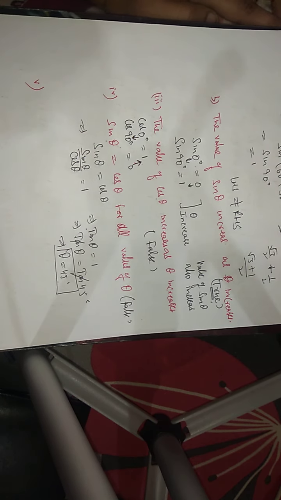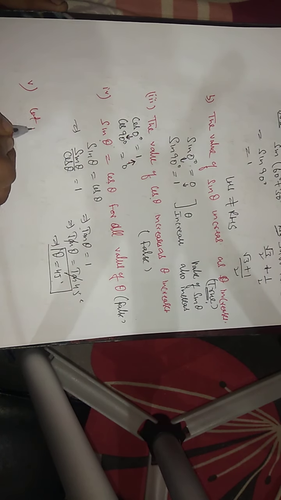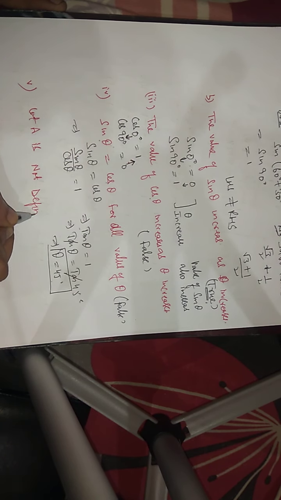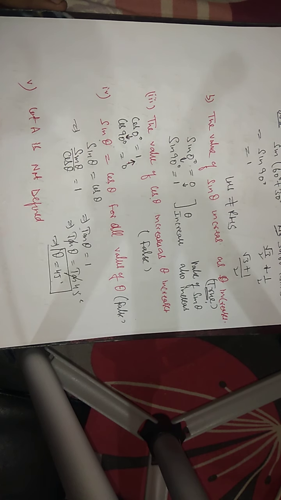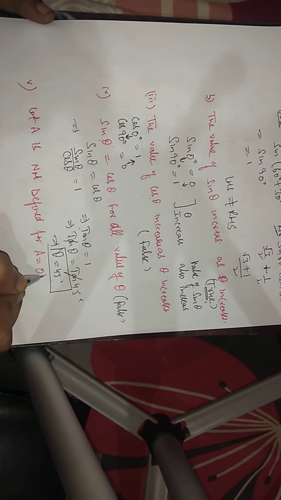Okay, so now let's proceed to part number 5. In part number 5, what we are given is that cot A is not defined for A equal to 0 degree.